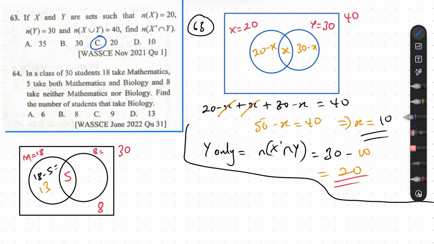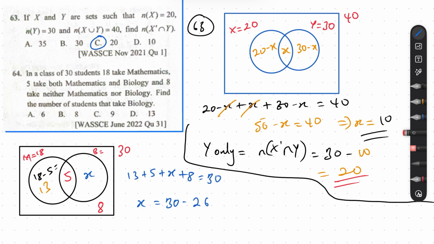Finally, if we add everything in this box, we should get 30. So we have 13 plus 5 plus X plus 8 should give us 30. So we have X is equal to 30 minus that will be 26, no?